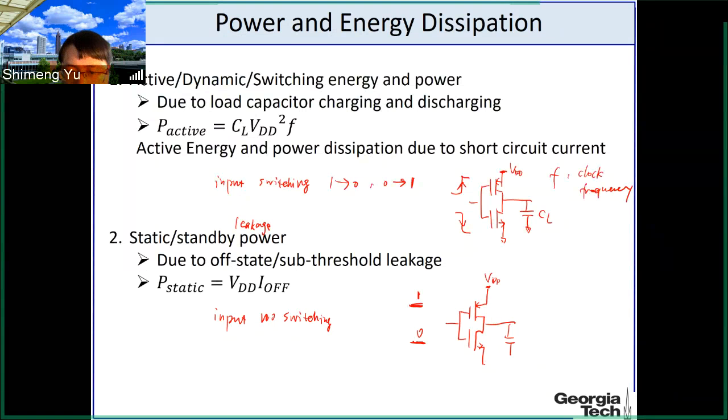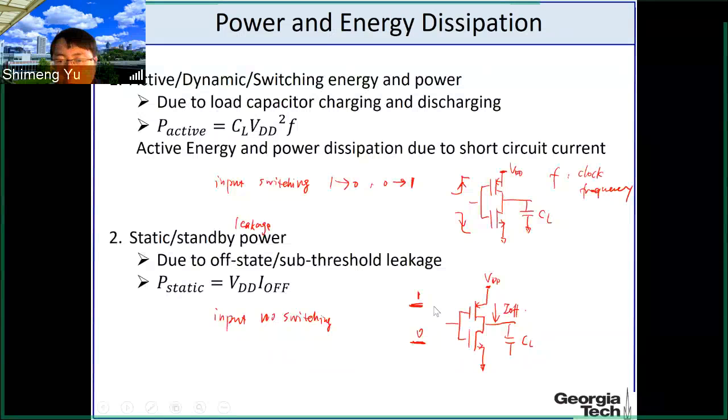But as we discussed in lecture 10, the transistor will have this subthreshold off current, I off. The power is I off multiplied by the power supply voltage VDD. And this is the leakage, standby or static power.